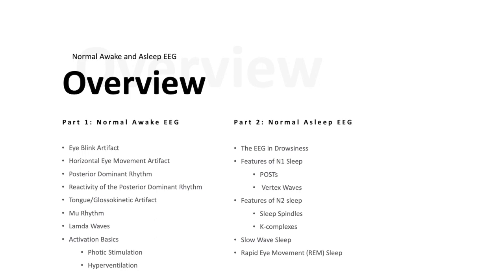Furthermore, we will discuss the commonly seen EEG patterns which you are likely to encounter during a standard EEG recording. Normal asleep EEG, in part 2, will focus on the features which will help you identify stages of sleep of the patient, as well as the underlying purpose or cause of several of these generators.